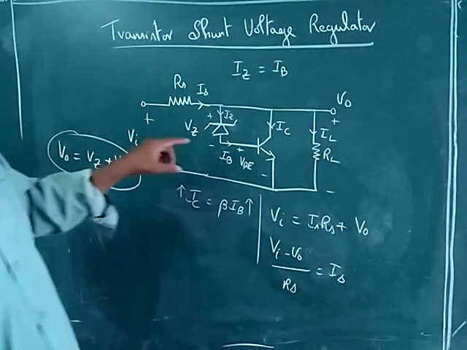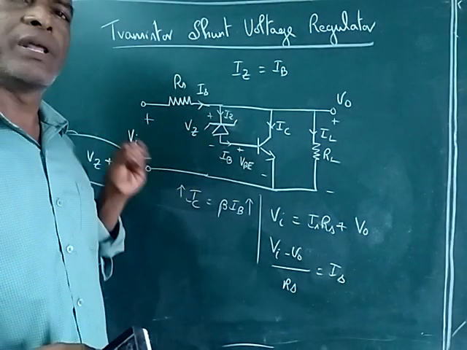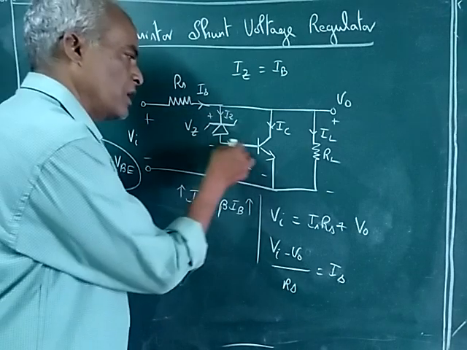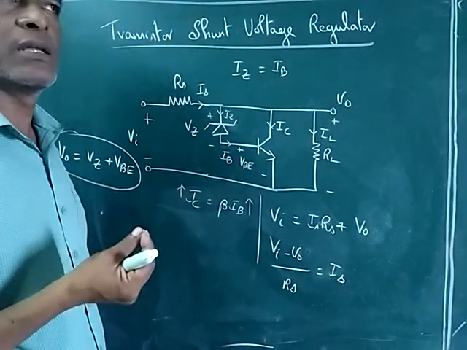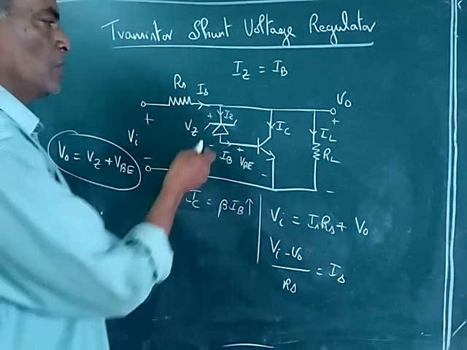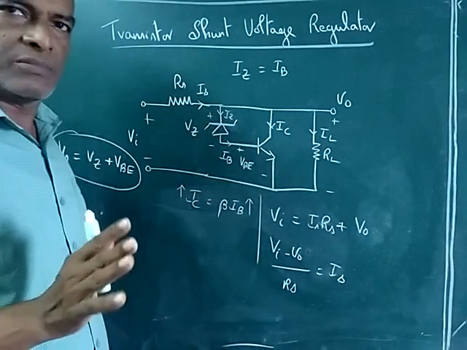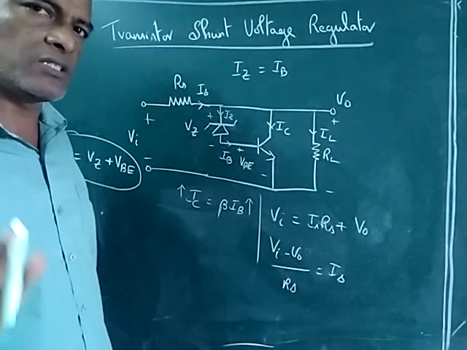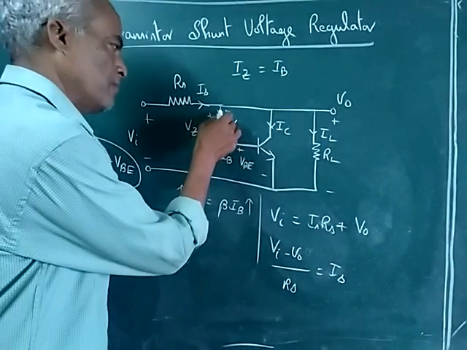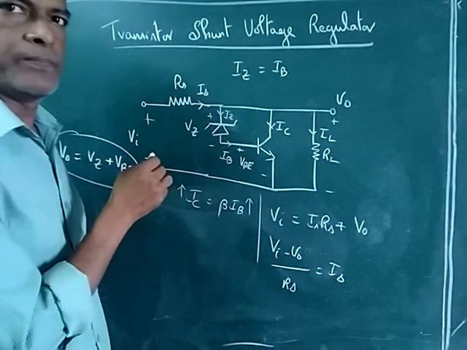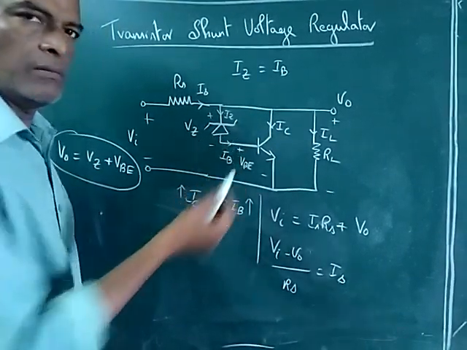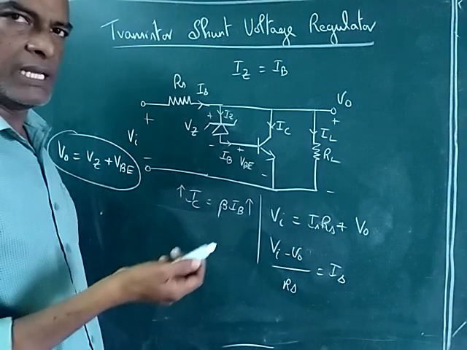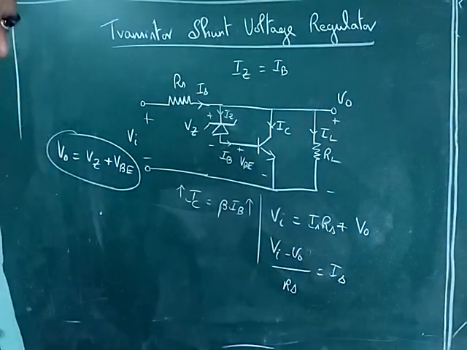Generally the base current will be very low, less than 1 milliamp, or in milliamps at most, but definitely not in amps. So this current is negligible, whereas IC is beta times IB, which will be in milliamps, like 10, 20, 30 milliamps.